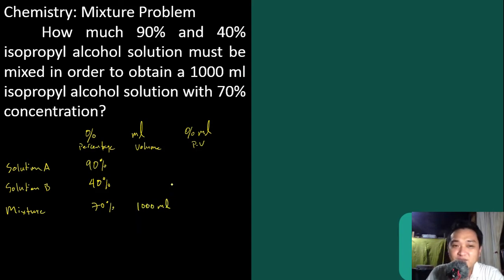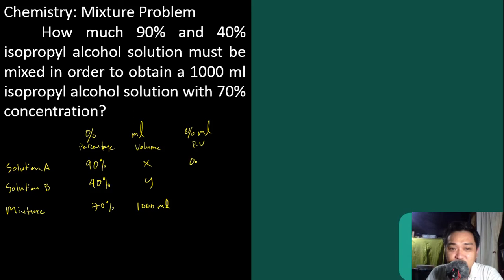Ganyan po. Pero syempre, yun naman yung nasa tanong, how many volume of 90% and 40% alcohol should we mix? So yun yung unknown, yung hindi pa natin alam. So let us just say that is X and Y. Now here we are going to multiply the percentage and the volume.